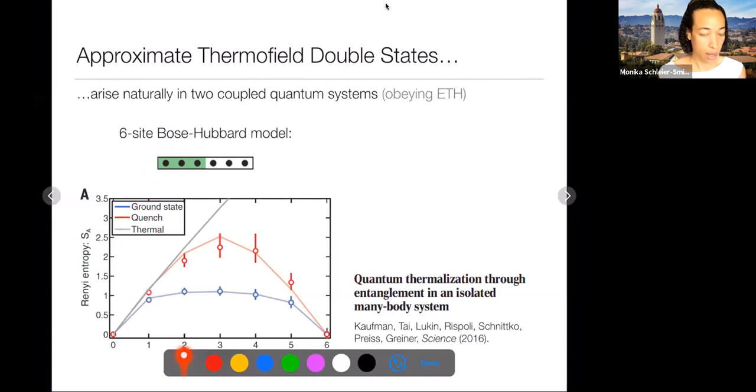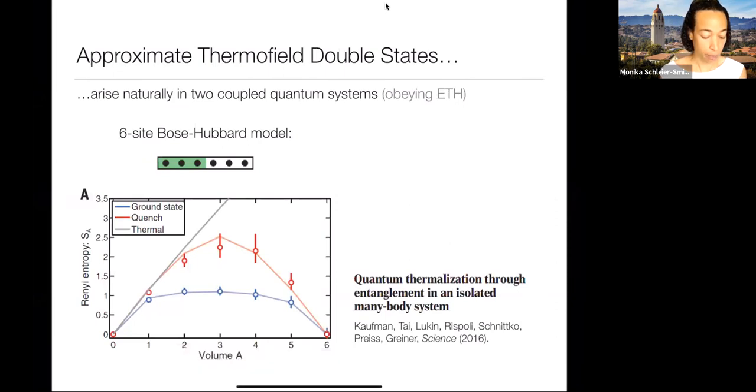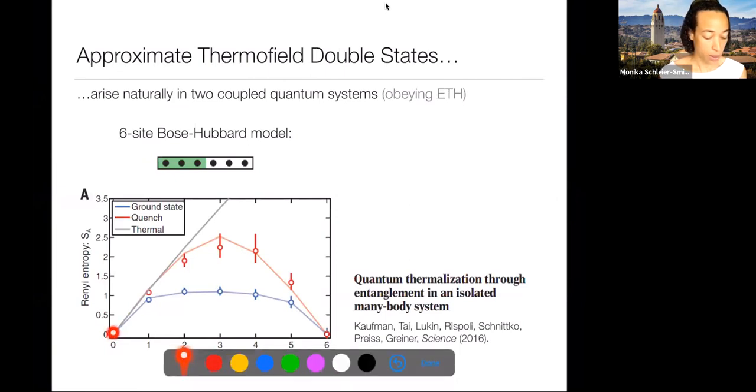So this is a plot of the entropy of a subsystem as a function of the size of the subsystem that you select. If you select the subsystem to have size 0, then the entropy is 0, not surprisingly. But also if you take the entire system, that's this point over here, then the entropy is 0 because it's prepared in a pure state, essentially, to the best of experimental capabilities.